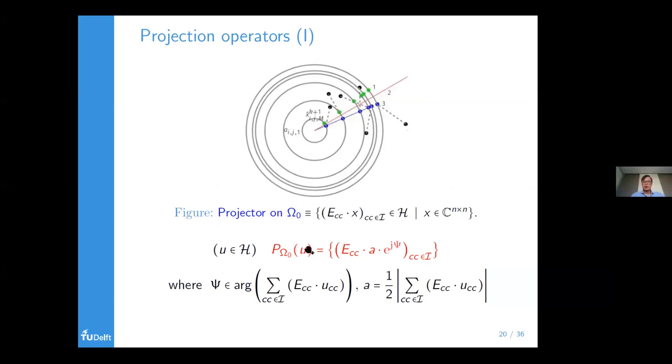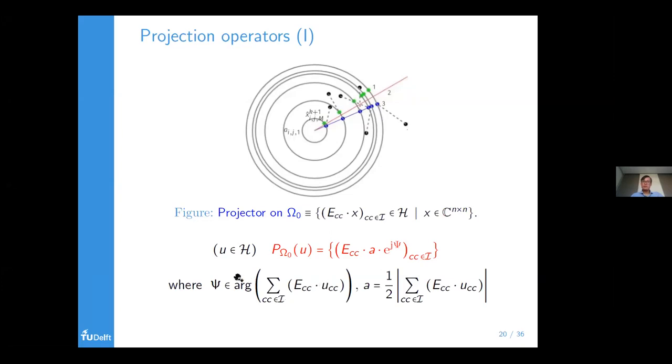A projection of U onto omega is the set consisting of the points in omega that are nearest to U. The general constraint set omega 0 contains points that have components with the same phase, for example here, and proportional amplitudes, for example here, the green one and the blue one.